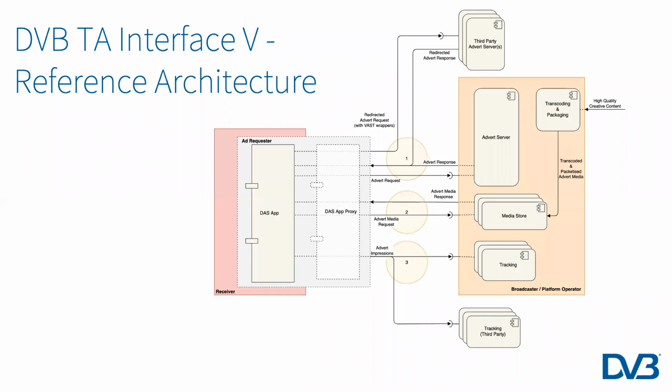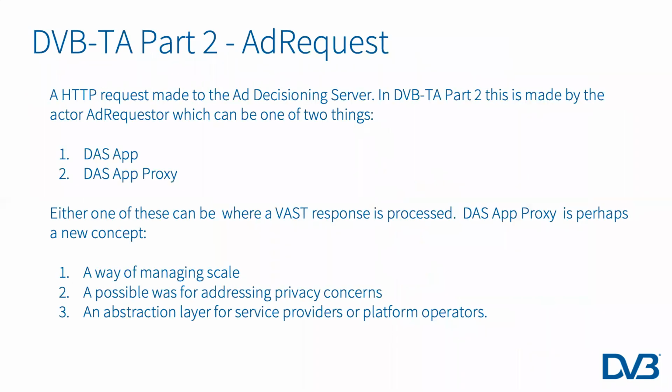The ad request originating in the DAS app, the dynamic ad substitution application, and coming back as a response, and some media being requested, and as playout is happening, advert impressions, which is essentially the measurement going on. So I'm going to deal with each one in turn.